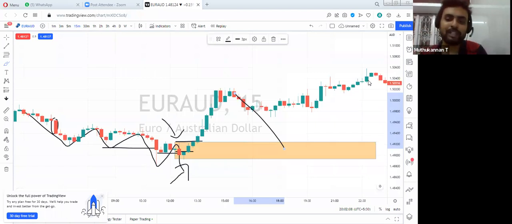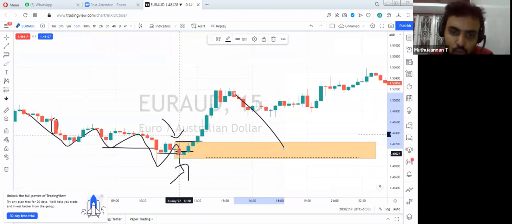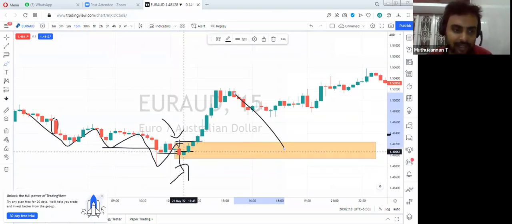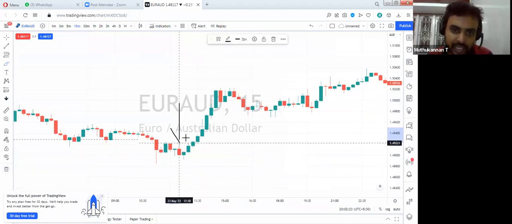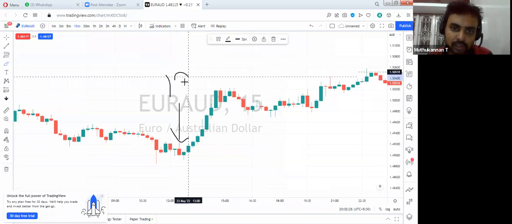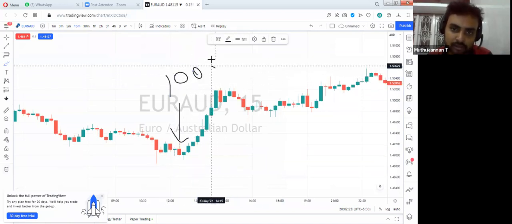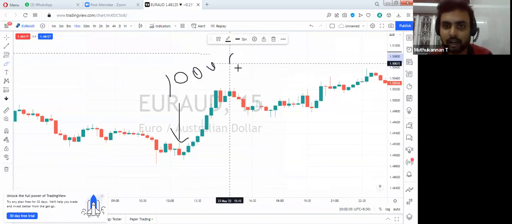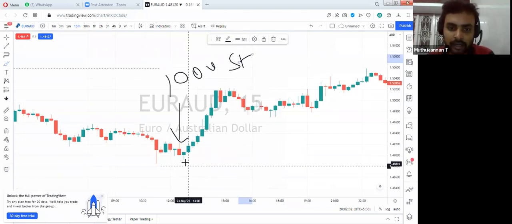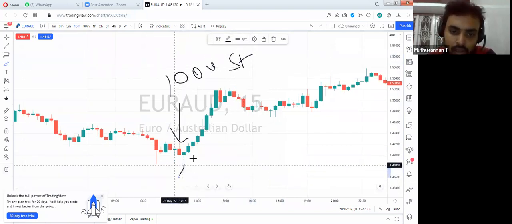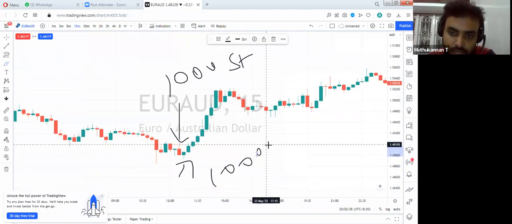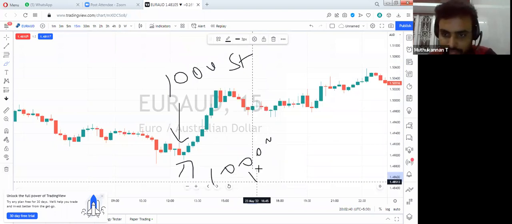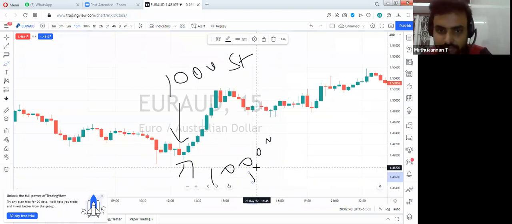So now why is the price coming here? I told you guys, here the smart money has also sold. For example, in this particular candle, they have sold 1,000 standard lots. For example sake, I'm saying 1,000 standard lots. And in the next candle, they bought 10,000 standard lots.